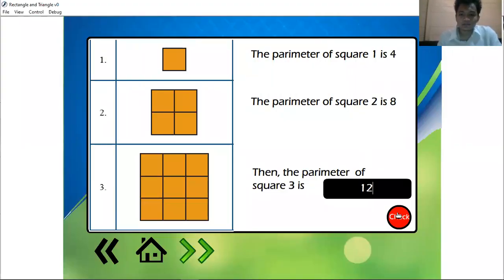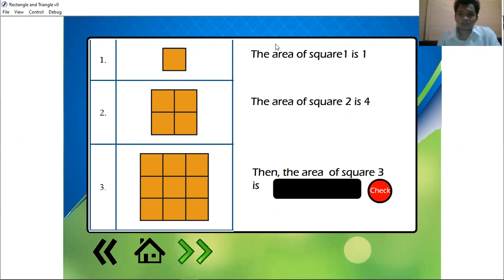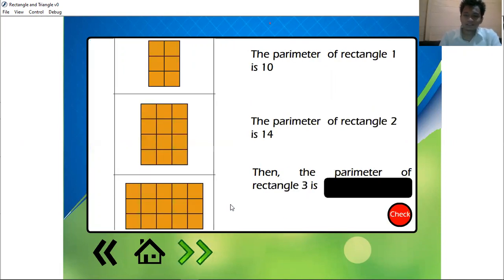Student answers 12 and check. And it's correct. Next, the area of square 1 is 1. The area of square 2 is 4. Then the area of square 3 is 9. Check. Correct.